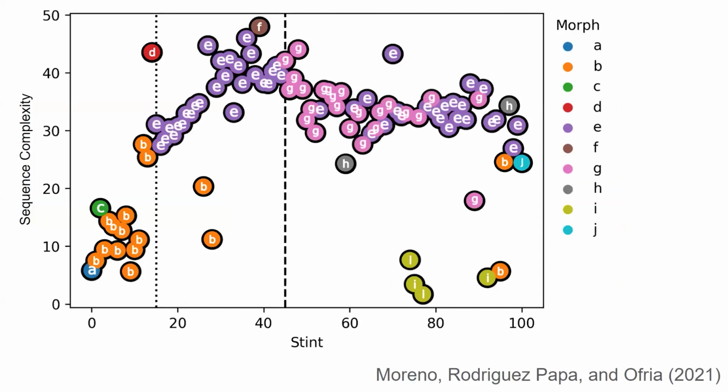So a sequence complexity measure can be very informative, especially if we take it over time during an evolutionary simulation. I have some example data here from a project I was involved in a few years ago looking at evolution of phenotypic traits in simulated multicells. Here I have evolutionary time on the x-axis and a sequence complexity measure on the y-axis.